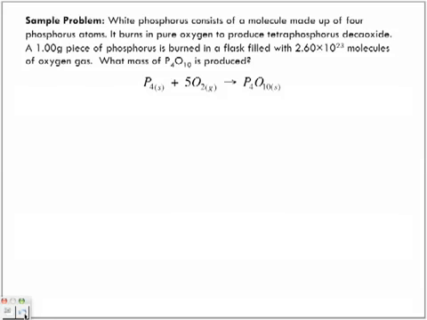So we need to figure out from this information, what are we given? We are given a 1.00 gram piece of phosphorus. We are also given a flask of 2.60 times 10 to the power of 23 molecules of oxygen gas.